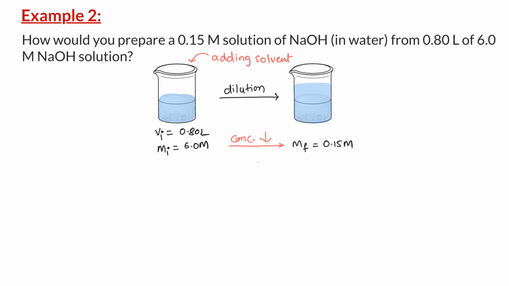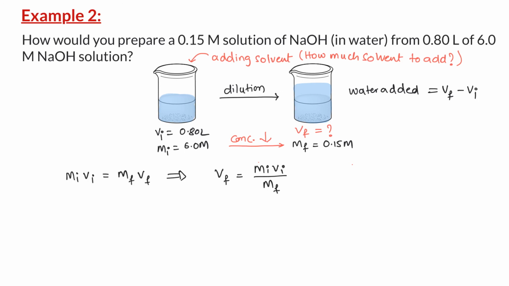The question is, how much water, which is the solvent, do we need to add? If we know the initial volume and the final volume, we can calculate how much additional water we need to add. We have M initial, V initial and M final, and we need to calculate V final.